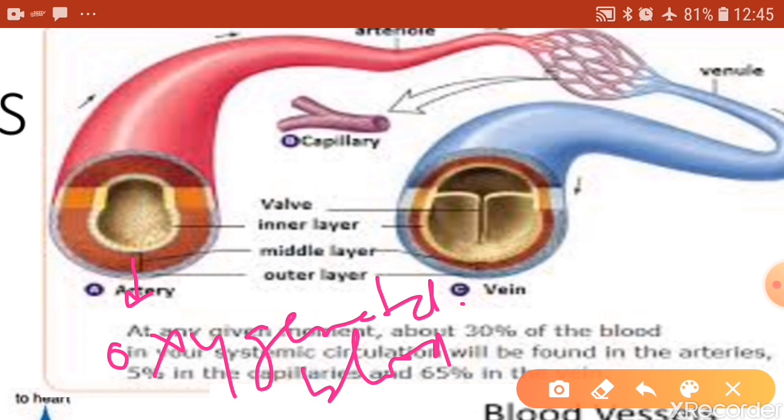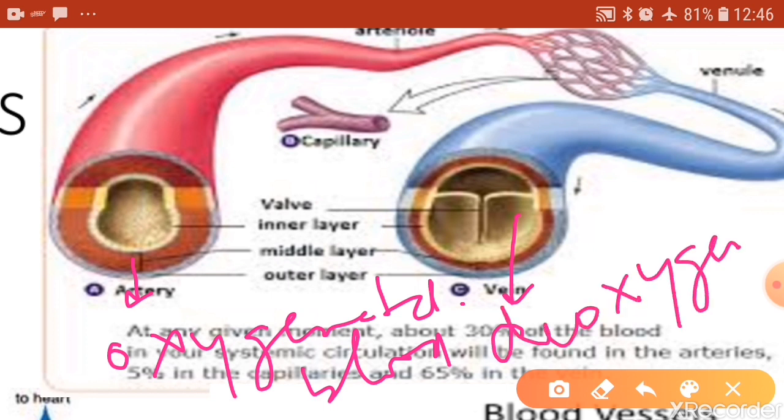That artery carries deoxygenated blood, but the rest of the arteries carry oxygenated blood. Whereas the veins, because they are collecting blood from different body tissues and getting it to the heart, carry deoxygenated blood, except the pulmonary vein. The pulmonary vein is the one which collects blood from the lungs and gets it to the heart.